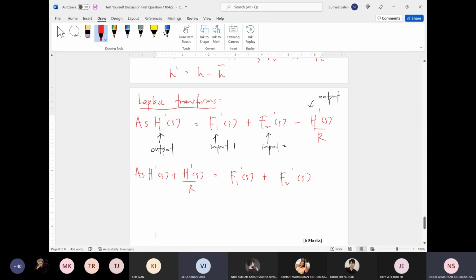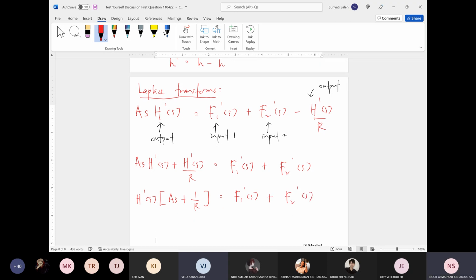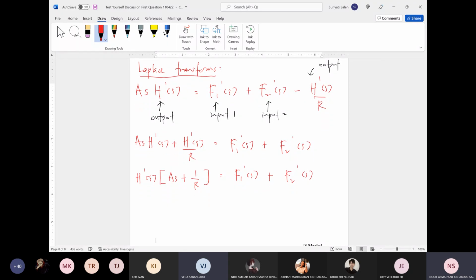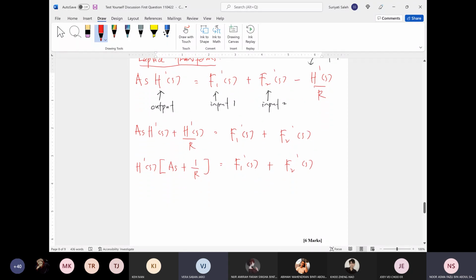So based on the factorization, we have (A s plus 1 over R) H'(s) equal to F1'(s) plus F2'(s). Since we have two inputs and one output, like I said before, there will be two transfer functions.